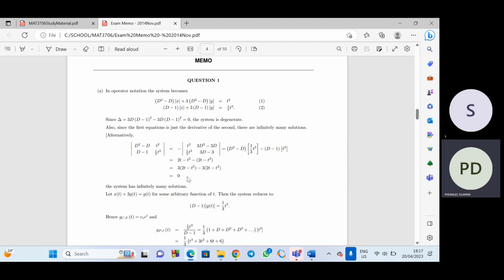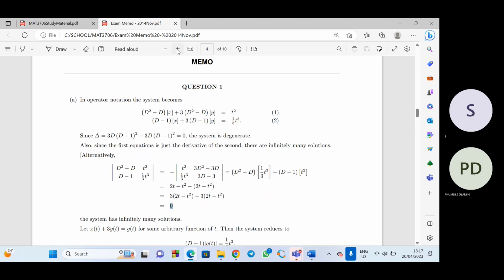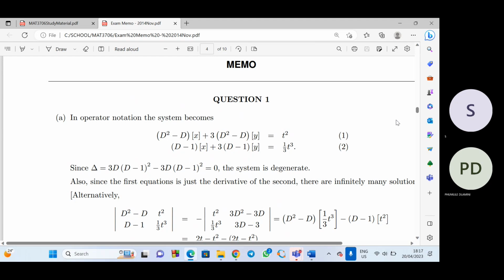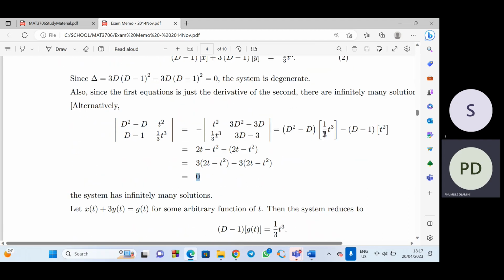So in your memo, they end up getting 0. So I'm not sure if there is something wrong with my calculation there. Oh, yes, I see. Do you see what is the problem? I used 1 over 3t squared, not 3t cubed.